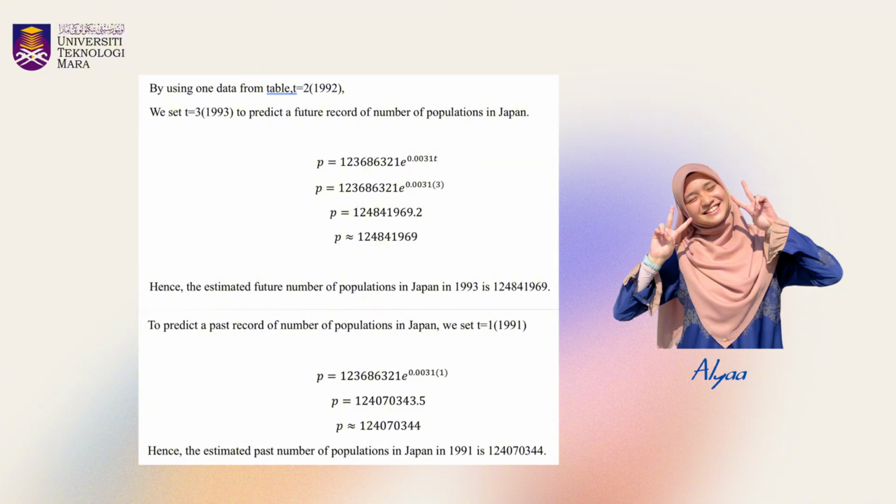To predict a future record of the population in Japan, we set t equal to 3, referring to 1993. To predict a past record of the population in Japan, we set t equal to 1, referring to 1991. Hence, we got the estimated future and estimated past population of Japan.